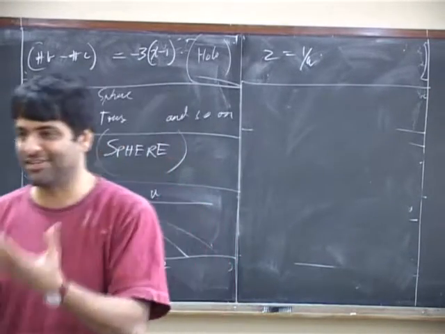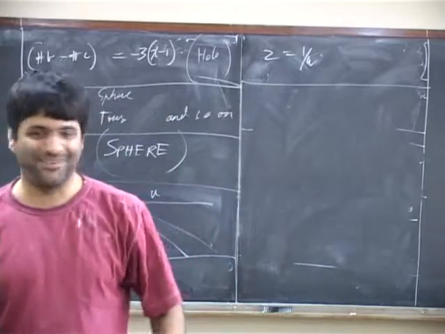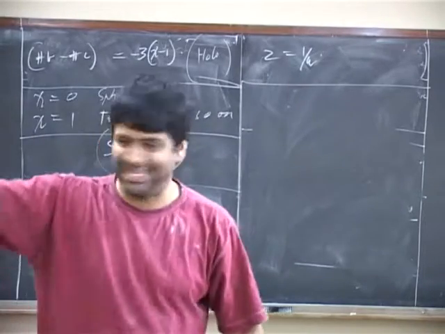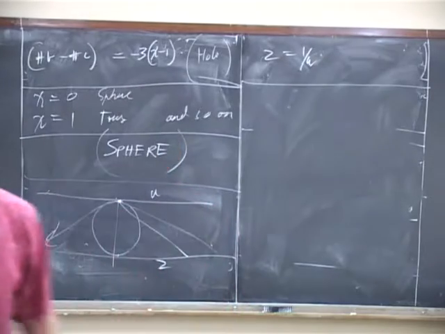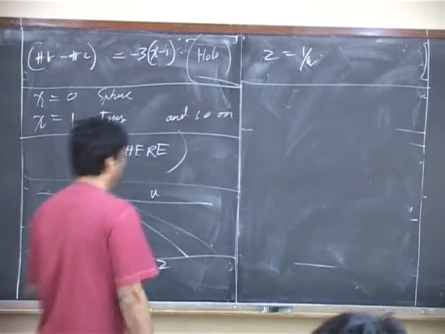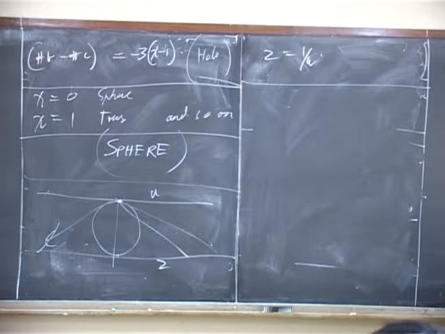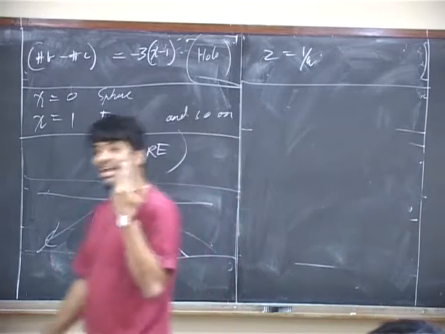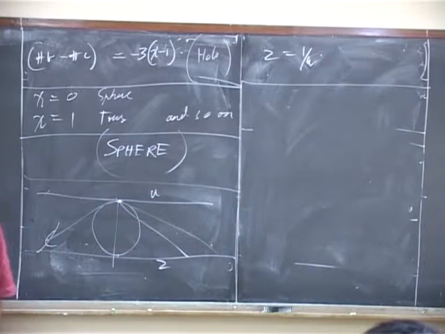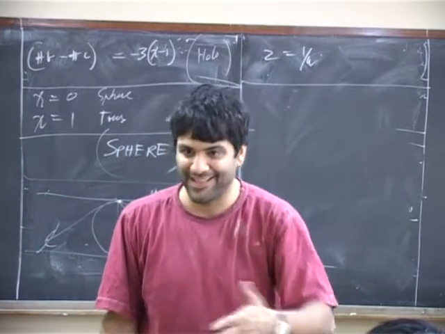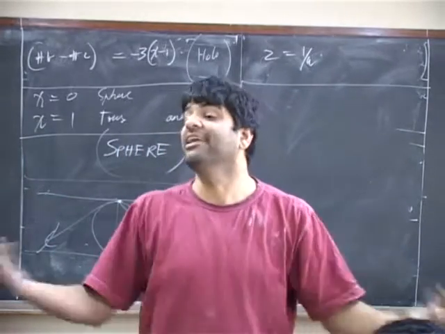And the action was B del bar C plus B tilde del C. Okay? So, 0 modes of the operator P or P dagger are simply infinitesimal vector fields or infinitesimal two tensor fields that are entirely holomorphic.